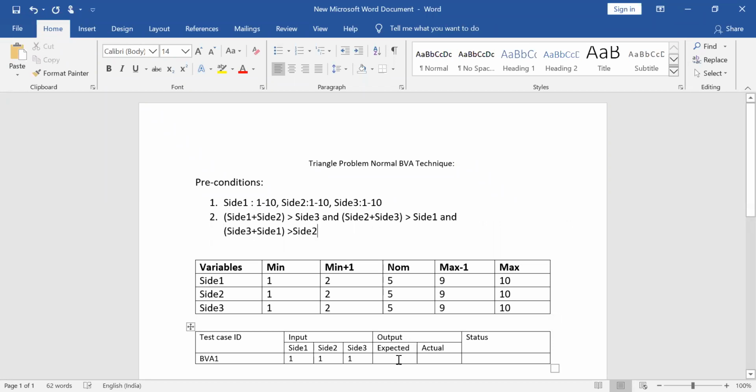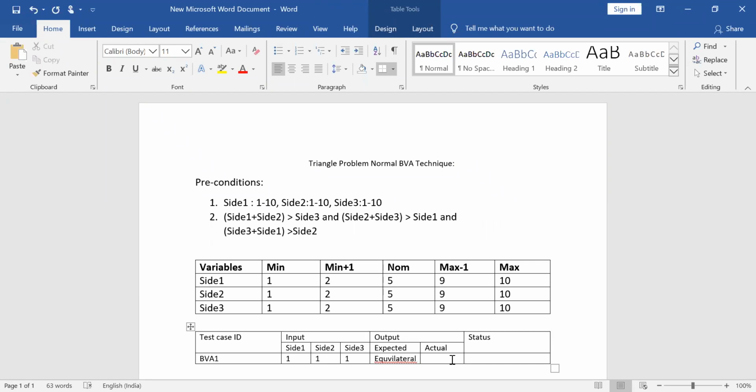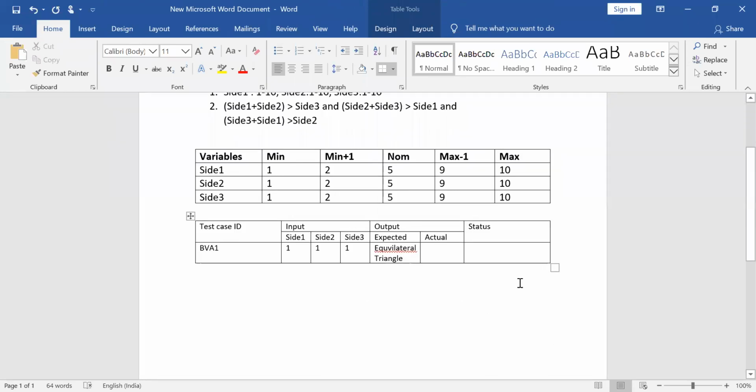Based on these three conditions, my expected output will be equilateral triangle. Right? So this is the first input. First input is very easy. Anybody can go with it.